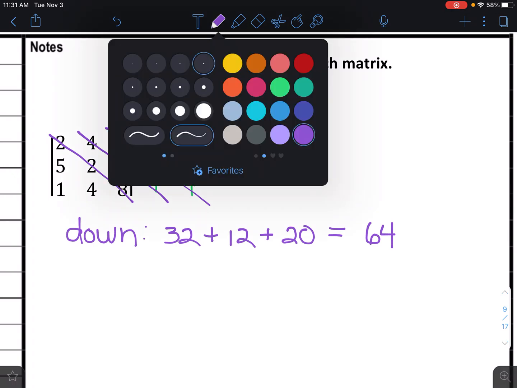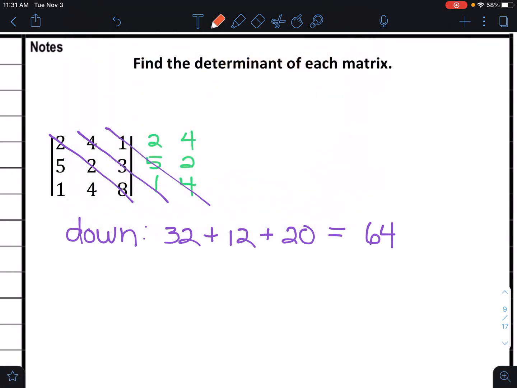Now I'm going to do my up. So again, I'm going to start from the lower left and go up. You should have 3 numbers each time because this is a 3 by 3. I'm going to write up here: 1 times 2 times 1 is 2. Then these, 4 times 3 is 12, times 2 is 24.